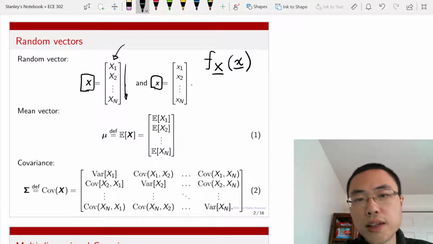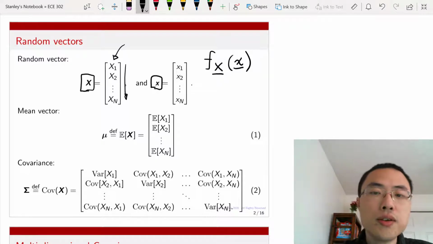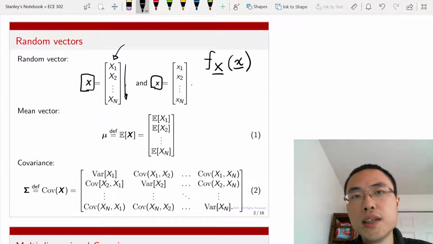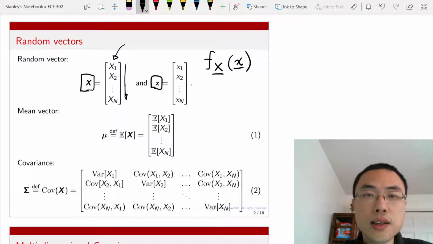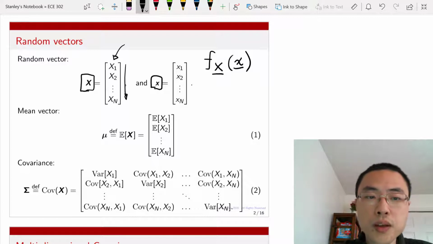It is denoted by this symbol, where you have a random vector x, and you're asking about the probability of getting this particular state, which is a vector. Now, in the continuous case, you define the probability density function in high-dimensional space, and therefore, when you integrate the high-dimensional PDF, you'll be able to obtain the probability.